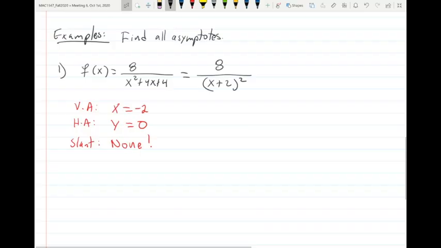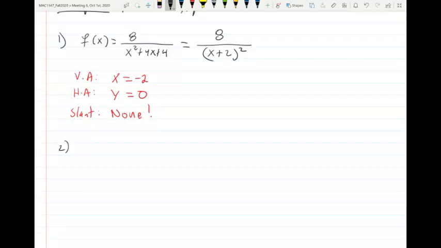Let's keep practicing this. So you should be able to answer these questions fairly quickly. Once you have the polynomials factored out, the top and the bottom, then it should be easy to see. Okay, so let's take a look at this one. Can we factor the top?